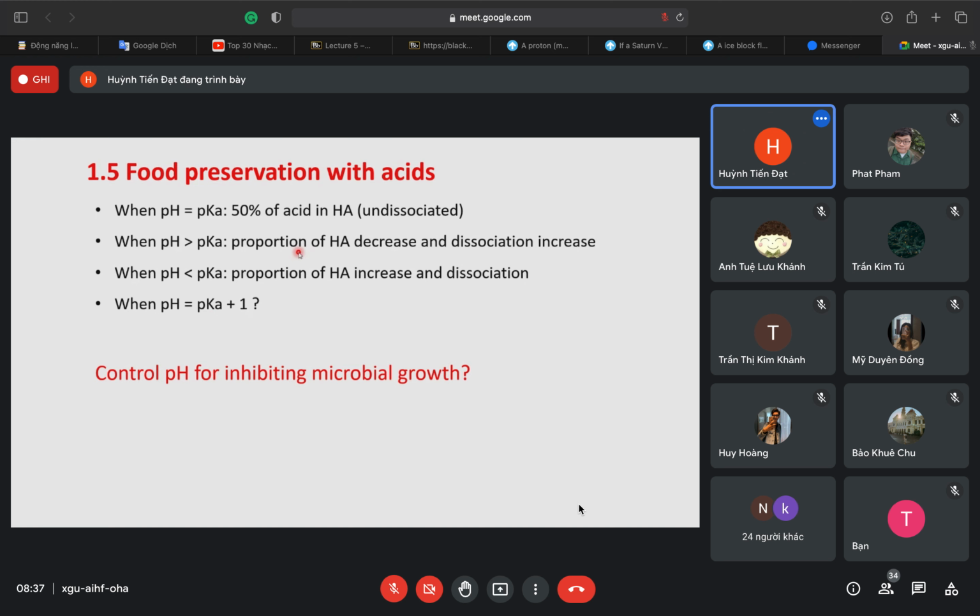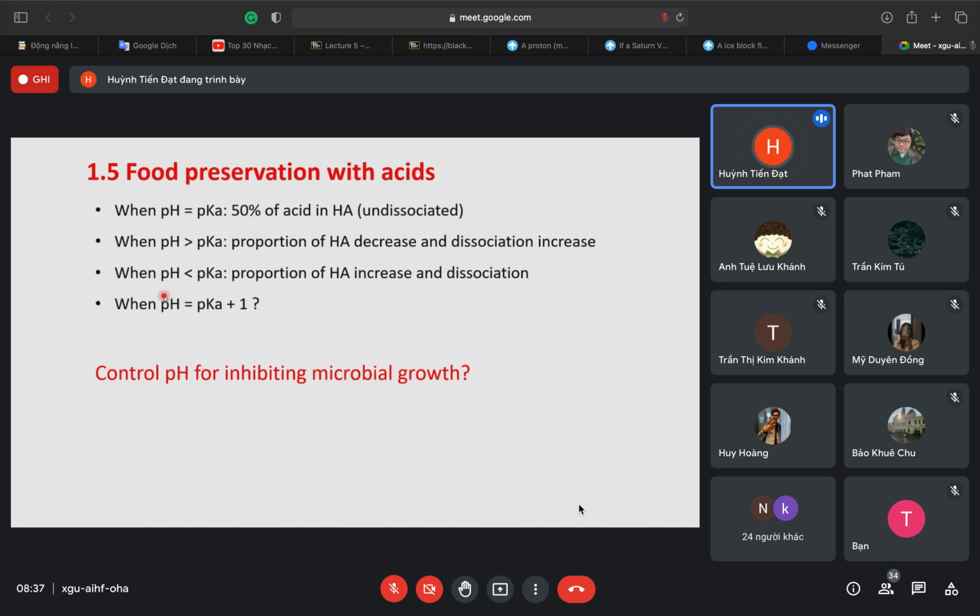Over means more ions. Yeah, more ions, less acid. So is the effectiveness of using this acid good or not good? I think it's good for preservation by adding acids.